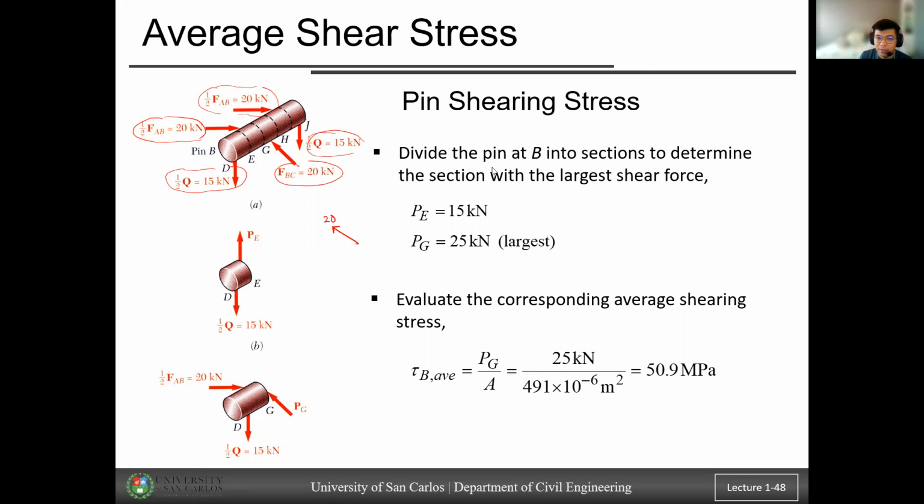Okay, so divide the pin sections to determine the section with the largest shear force. So let's say ato siyang i-divide. So this one, E, G, and H. So DE and kani siya nga segment here. So atong ikaw na. Let's try to create another color.